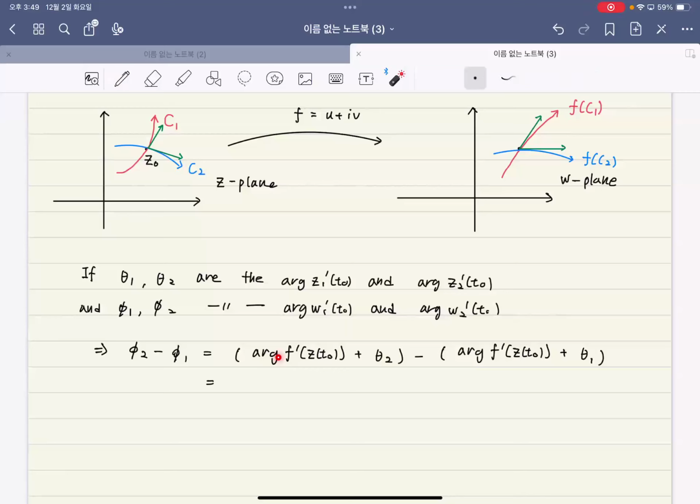And since these two numbers must be the same, therefore theta 2 minus theta 1 equals phi 2 minus phi 1. So in this sense, we say that every analytic function is angle preserving.